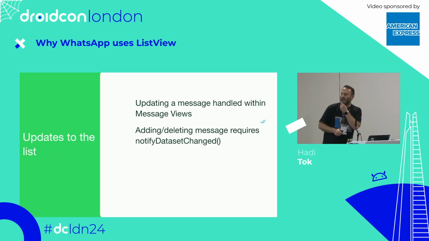But if we are doing addition or deletion of messages within the list, we have to call notifyDataSetChanged, because that's what ListView provides us. When you are on the chat screen and actively messaging with someone, you want to immediately see the messages. You don't want any animations or anything like that to delay that information. So we don't do any kind of animation, which is one of the benefits of DiffUtil as well.